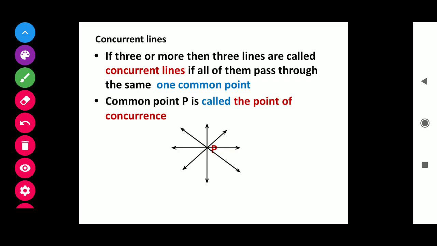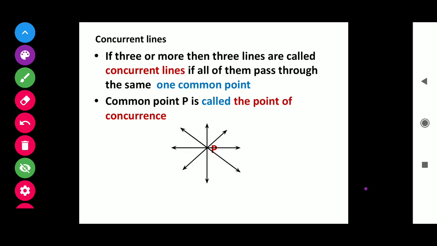Now concurrent lines. Concurrent lines are also like intersecting lines. The difference is that when two lines are intersecting each other and they have one common point, then they are called intersecting lines.